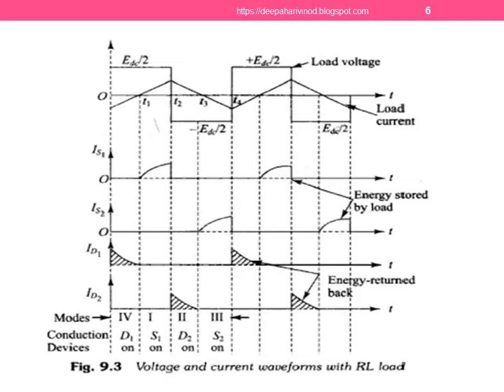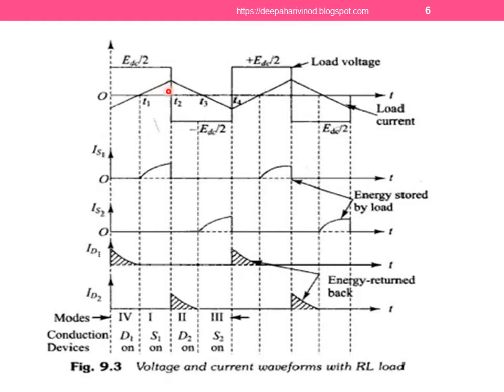First, mode 1 starts from T1 to T2. In mode 1, S1 is turned on at T1, the load voltage is equal to plus EDC by 2, and the positive voltage increases the load current gradually.